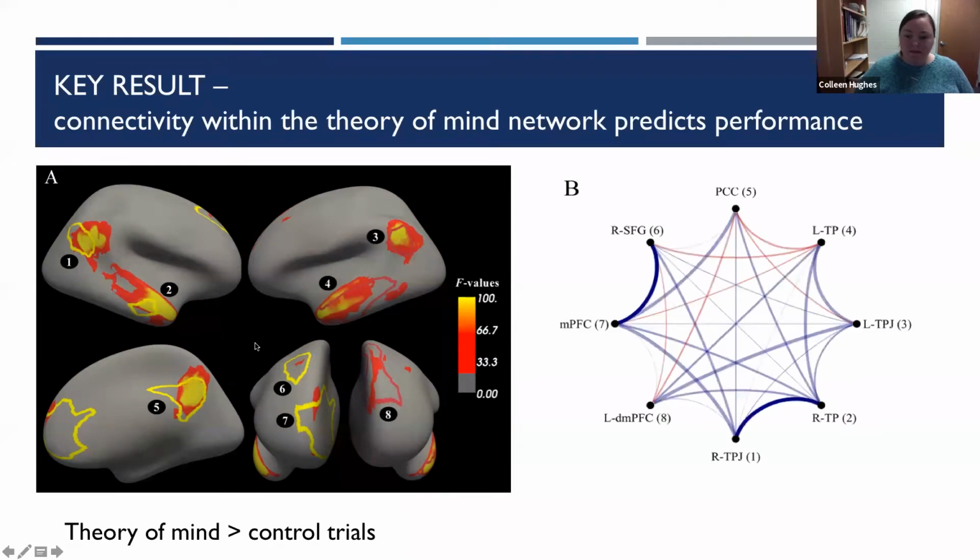So this is a network that we created, visualized in a different way, where each dot around the edge is these 8 brain regions. And then each line represents the age difference in the connectivity between brain regions. So blue here is where the connectivity was stronger in younger adults, and red was stronger in older adults. And what you can see is largely things are stronger in younger adults, which is consistent with past work.